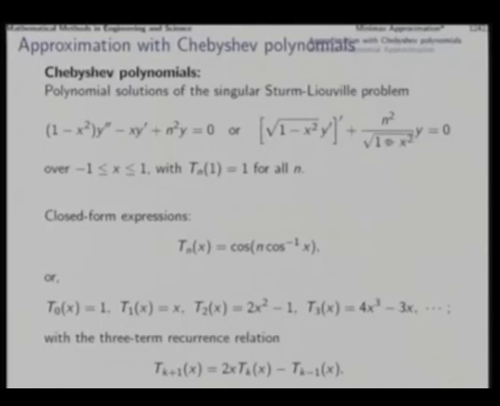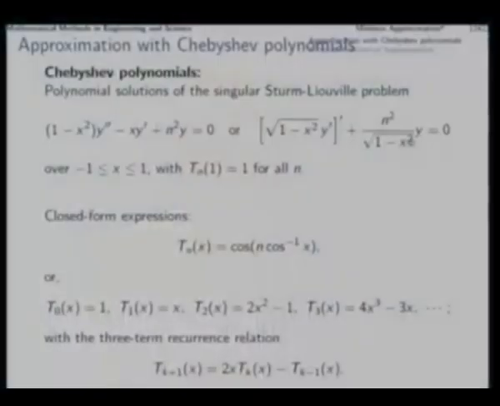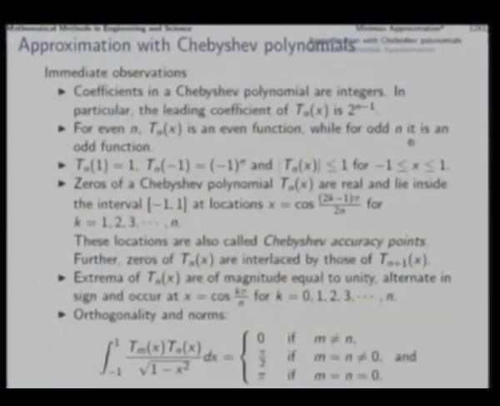That is why two solutions of this Sturm-Liouville problem corresponding to different values of n, that is distinct eigenvalues, will turn out to be orthogonal with respect to the weight function 1 by root over 1 minus x square. So, the statement of orthogonality of Chebyshev polynomials turns out to be like this.